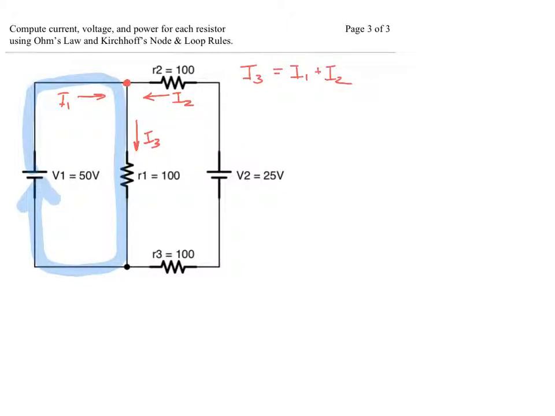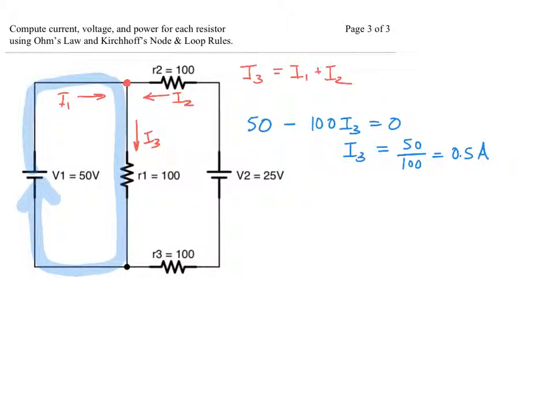Now let's get to this loop rule. So 50 volts, or 50 minus 100 I3. That's what's going through resistor 1, and that goes back to the battery. So this means that current 3 is just going to be 50 over 100, or 0.5 amps.